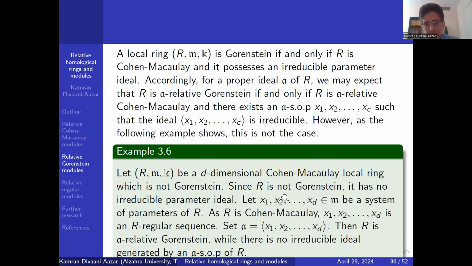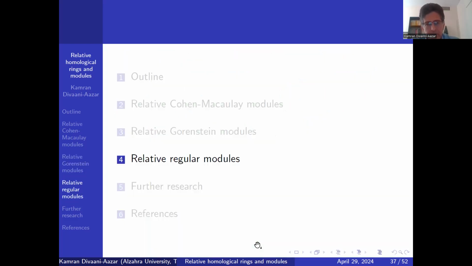So since R is not Gorenstein, there shouldn't be any irreducible ideal that is generated by an A-relative system of parameters for R.